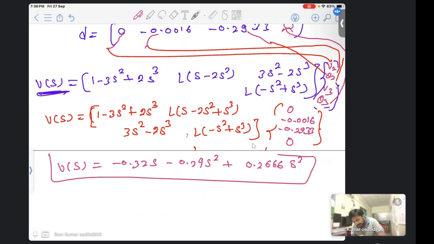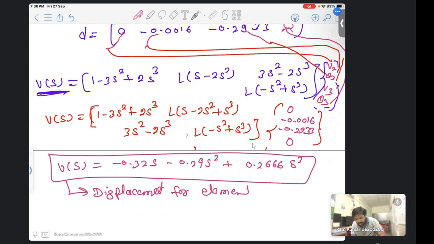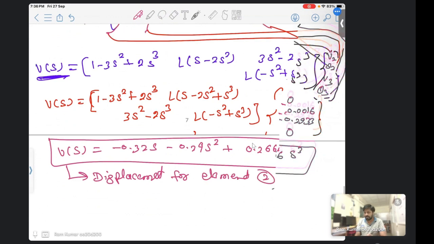So this will be the displacement for element 2.